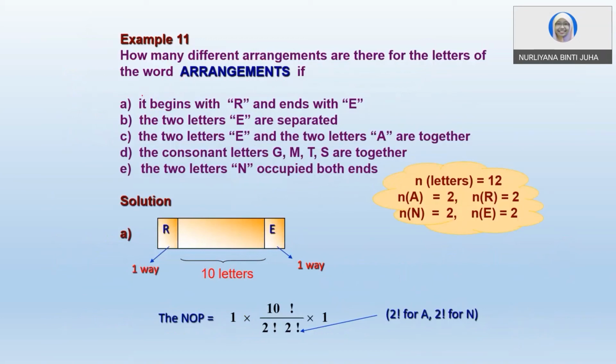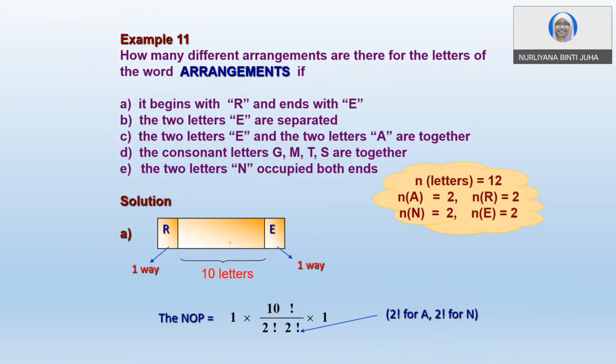A, if it begins with R and ends with E. Okay, so dia mula dengan huruf R dan dia berakhir dengan huruf E. Memandangkan we have all together 12 letters. So yang depan dah satu, yang belakang dah satu. Meaning in between you will have to fill in another 10 letters.